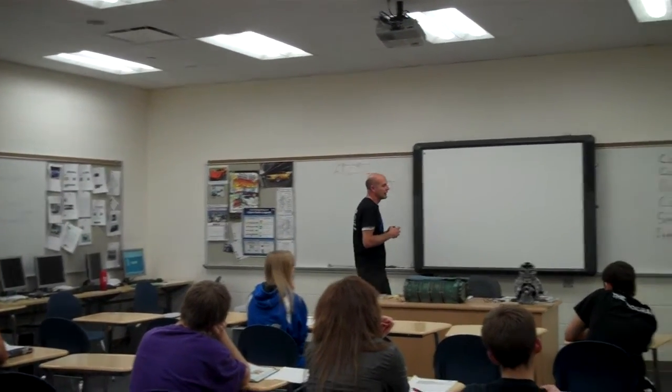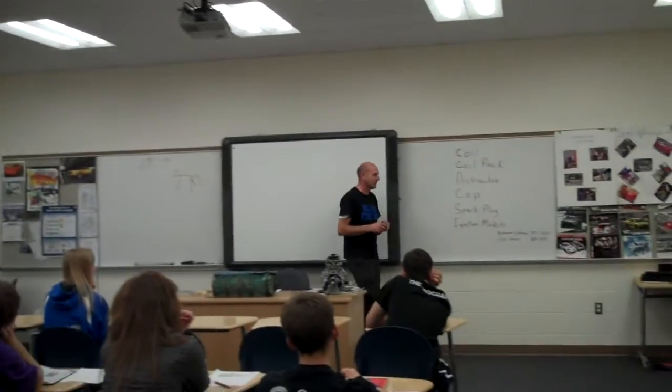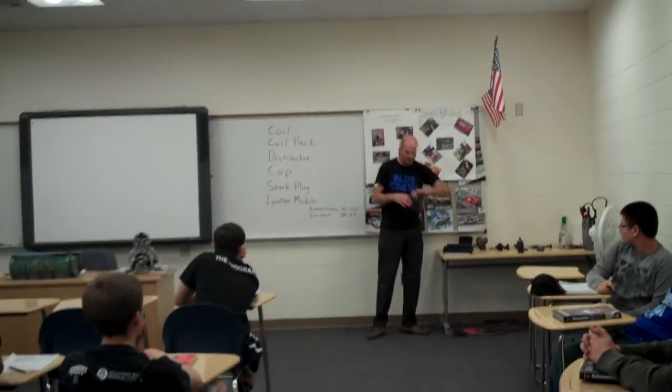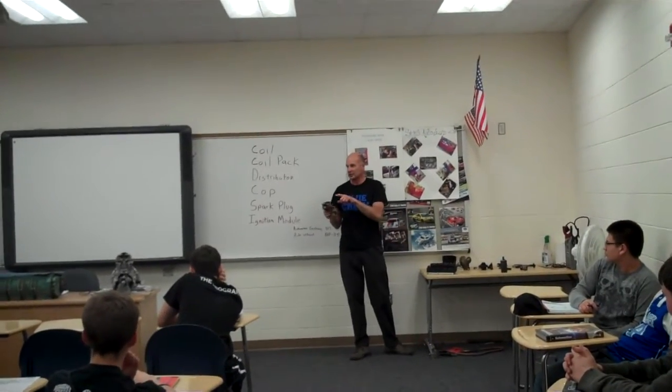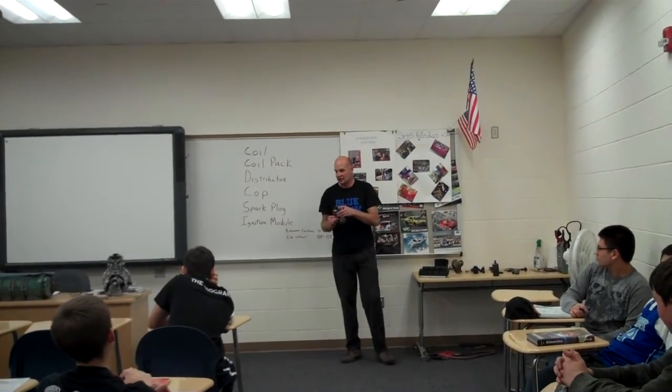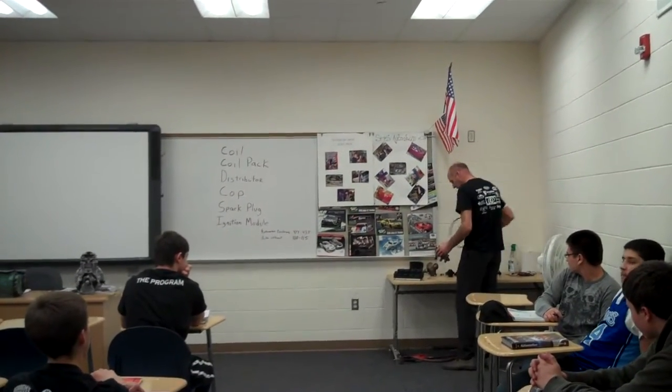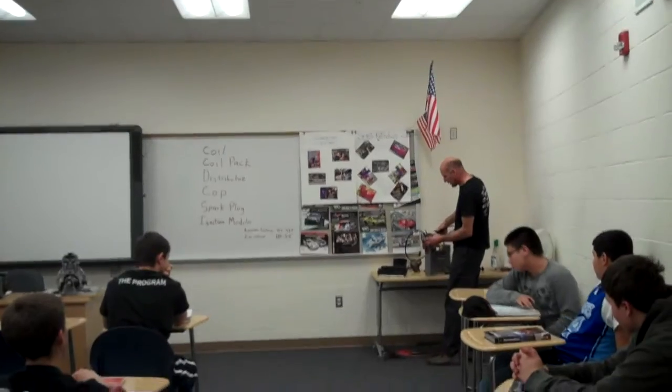I think the next type of distributor is kind of like this. This is a contact point distributor. This one's out of the Mater wagon we had back. I can actually show you how it works real quick. So we have a battery right here. I'm going to hook the battery up to ground.